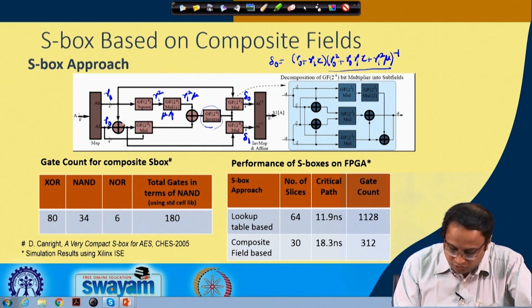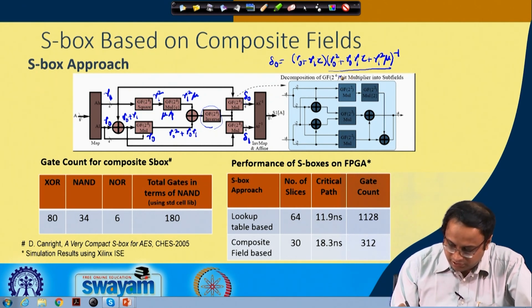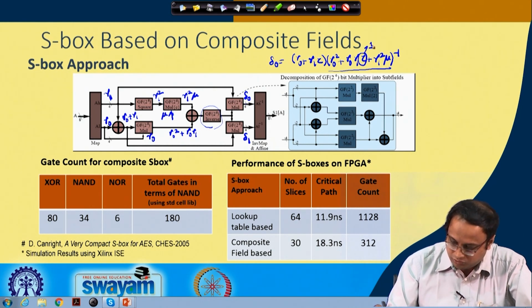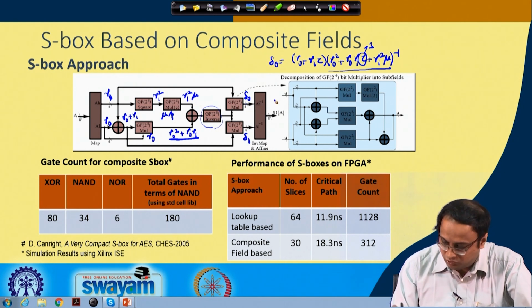Here you have gamma 0 plus gamma 1, which is passed here, and this input is gamma 0. When you multiply this, you get gamma 0 squared plus gamma 0 gamma 1, and that is this part. Here we have assumed tau to be 1, so this is your part gamma 0 square plus gamma 0 gamma 1, and you add that with gamma 1 square mu, and then pass it to the GF 2 to the power of 4 inverse, and you get this result.